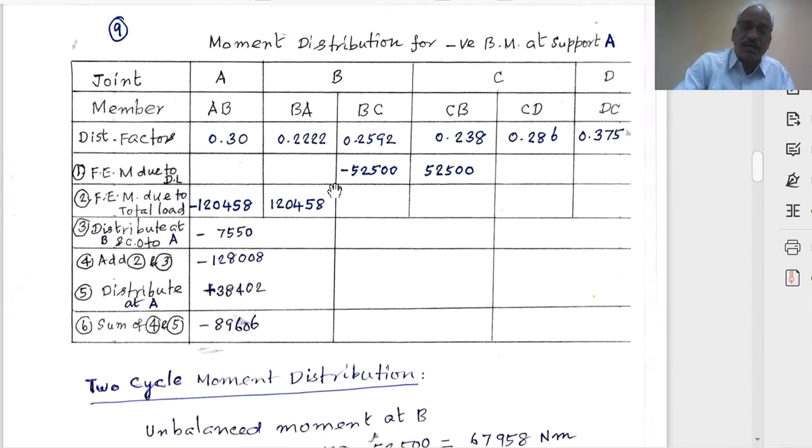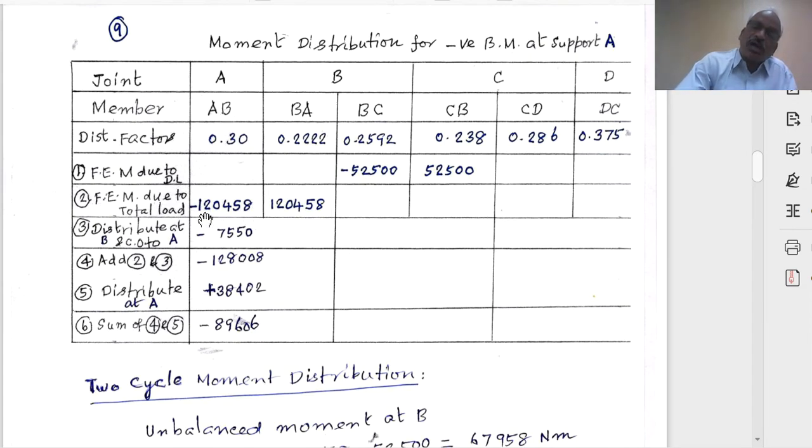Now, here we will balance this. There is only one member here, but at joint A, there is one member above, AA1, and one member below, AA2. There are 3 members, but we consider AB only.